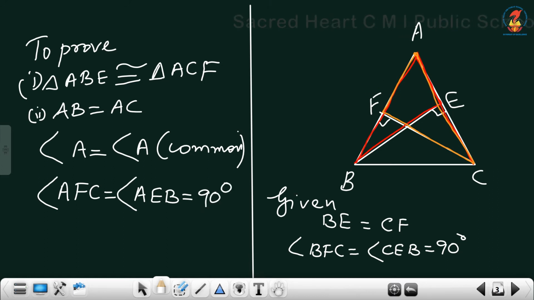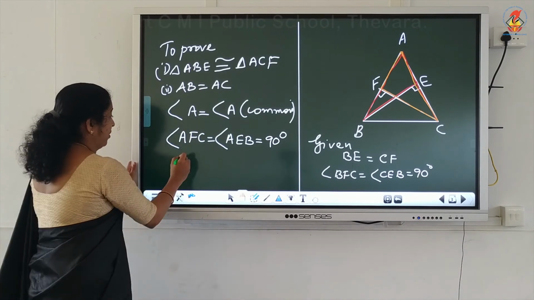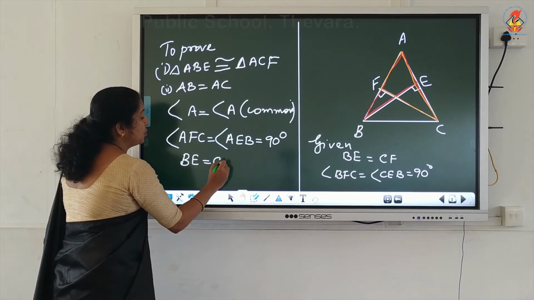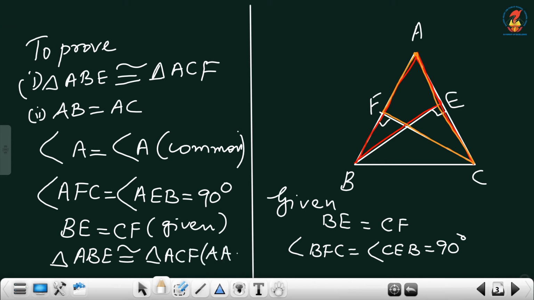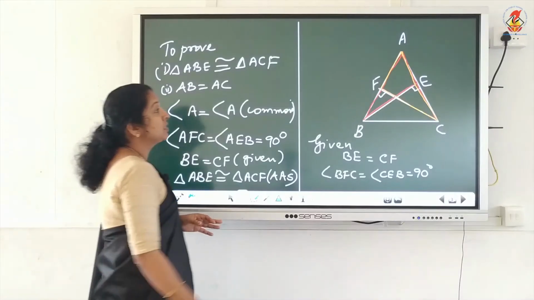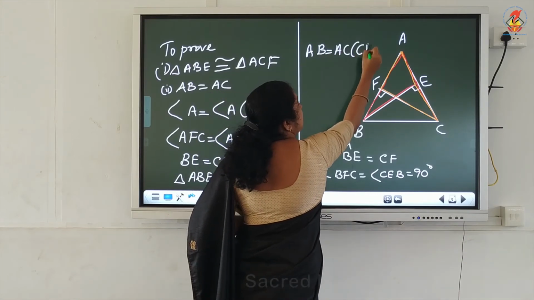So, we got two angles. What is the next one which we need? One side. BE is equal to CF is given. So, what we can conclude? Triangle ABE is congruent to triangle ACF using AAS criterion. These two are congruent, which means AB is equal to AC using CPCT.